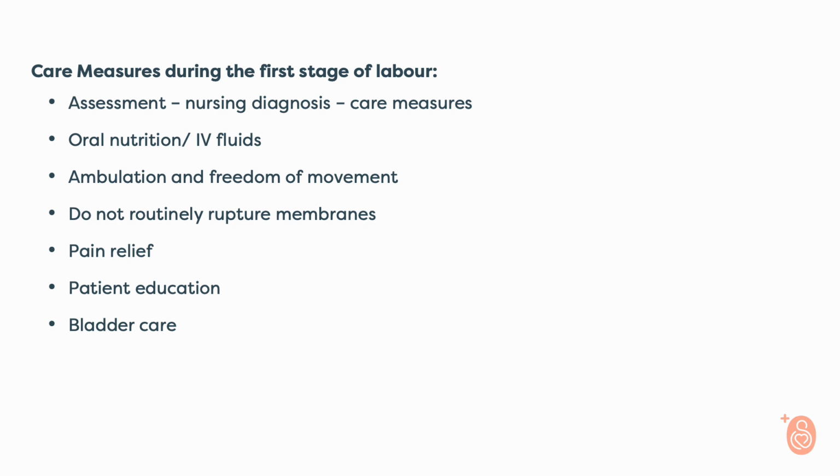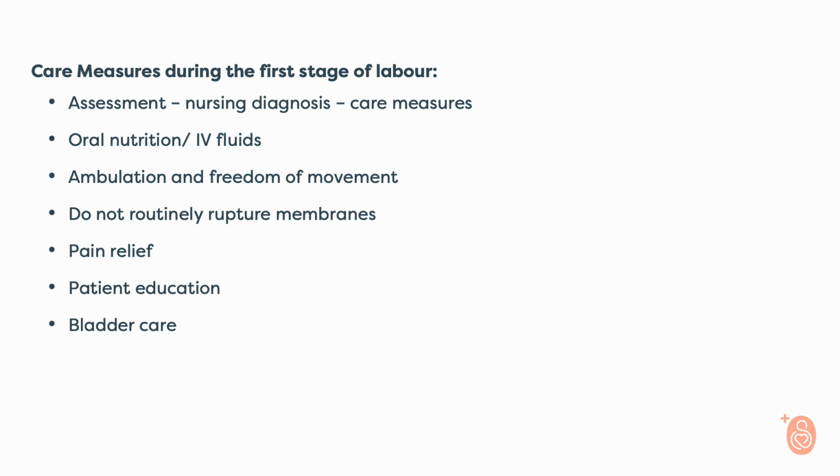The one thing that one can do is to give the patient some more glucose orally, and hopefully that will recover the ketones. I would still not really give the patient any IV fluid at this stage because she progresses very well. We would kind of expect that she would be fully dilated within the next hour or so. So I would say oral nutrition here would be more than sufficient.